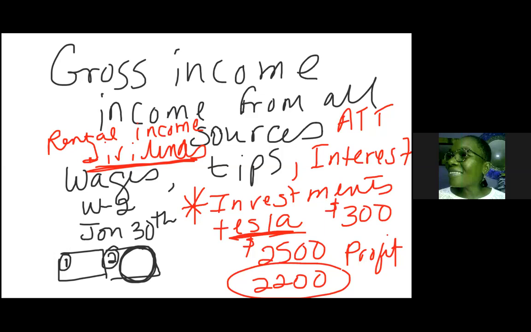Also, guys, this year in particular, here's something else that a lot of people had to deal with: unemployment. Okay, if you collected unemployment and they didn't withhold taxes from you, you're gonna have to claim it as income and you have to pay taxes on that. Anyways, I didn't mean to write the S up there. Okay, unemployment.